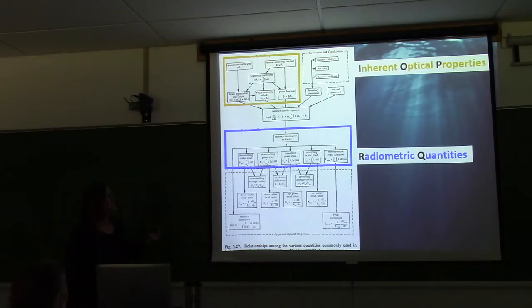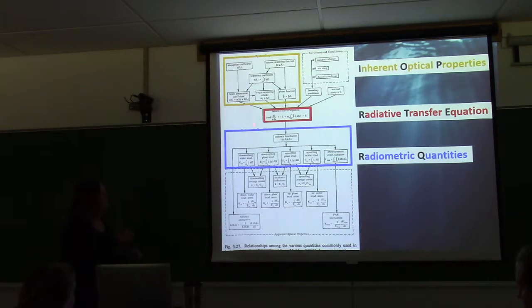If you think about the properties of light that you're measuring in the ocean, they vary quite a bit. They vary with wavelength, they vary with depth, they vary with angle. And they're dependent upon the optical properties of the water. The constituents in the water have absorption and scattering properties, and those change the way light propagates through the ocean.